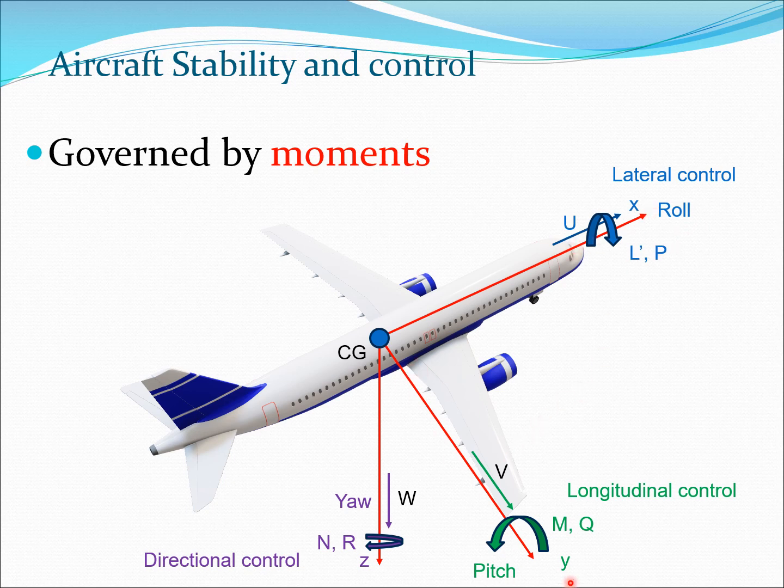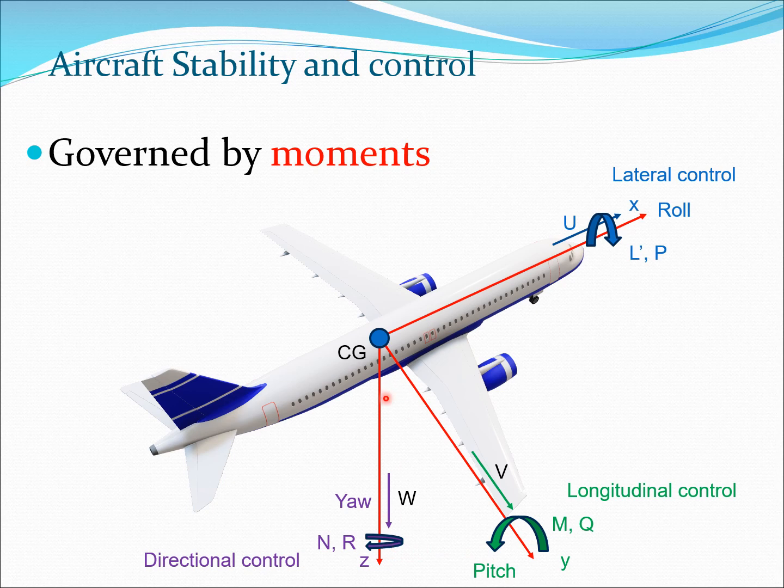Now if we look at the Y direction, this is the direction of longitudinal control, and here the moment M is a pitching moment and Q is the pitch rate. All these rates are in terms of angular velocity and the moments are in terms of Newton meter.